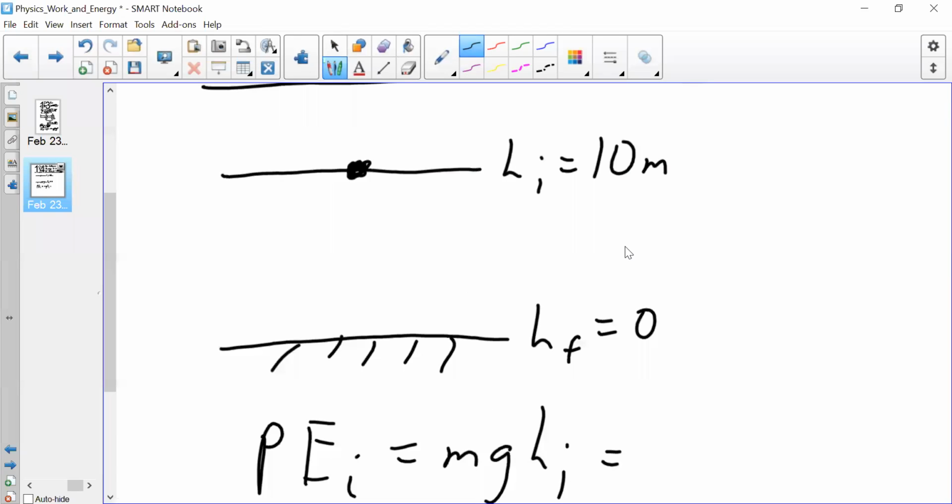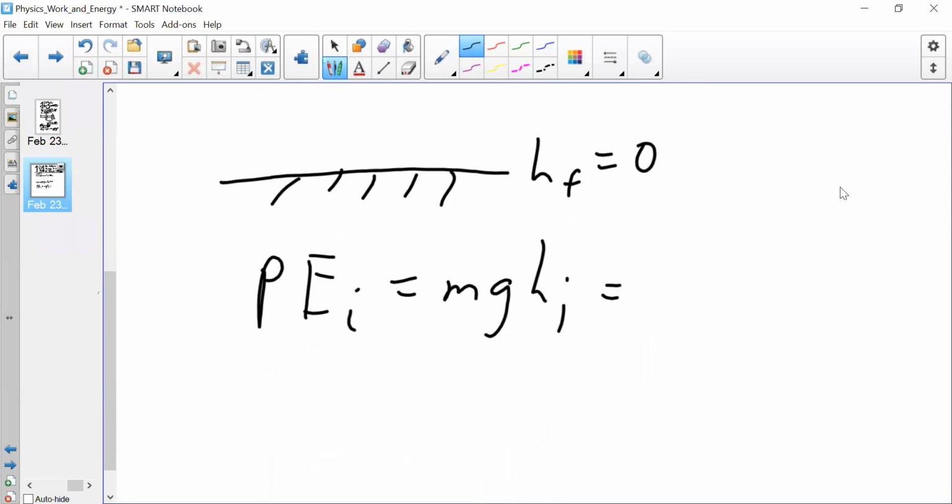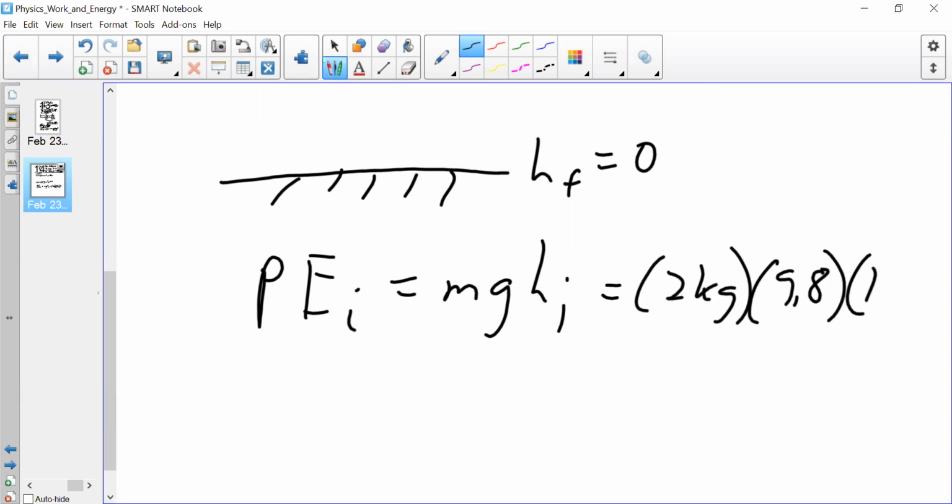Make that up, just a little object, rock or something. So 2 kilograms times 9.8 meters per second squared, I'll put all the units in there, and so we can get that potential energy at that point.